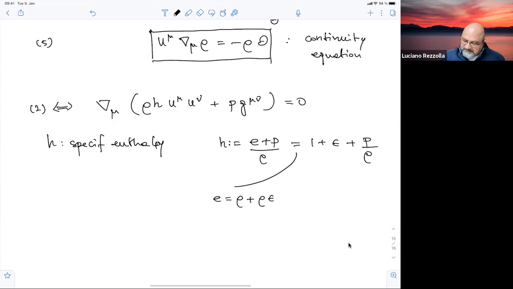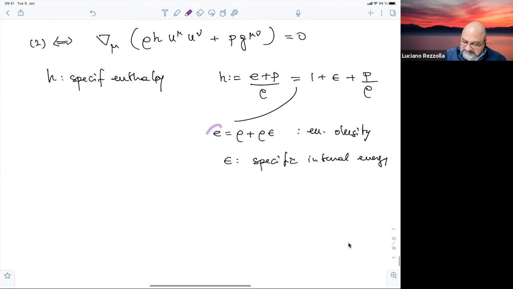So this is the energy density, and ε also takes the name of specific internal energy. Don't get confused. This is the energy density.